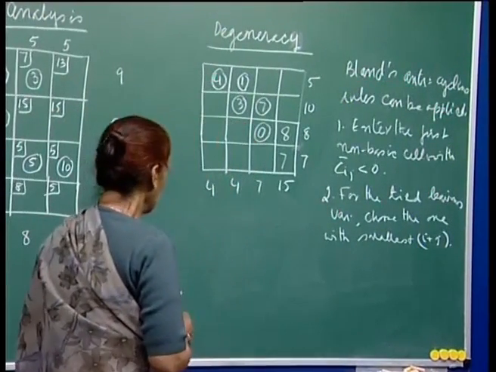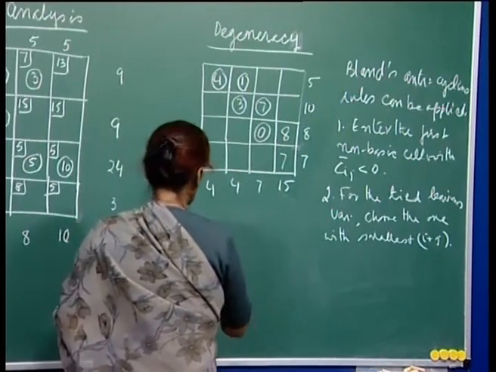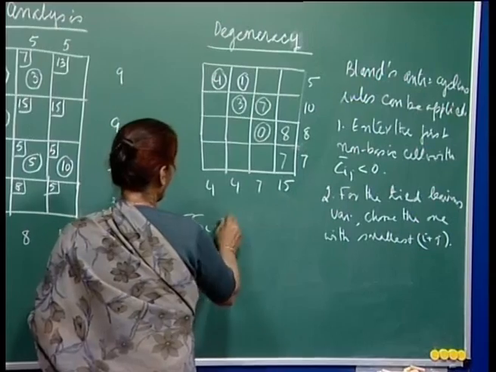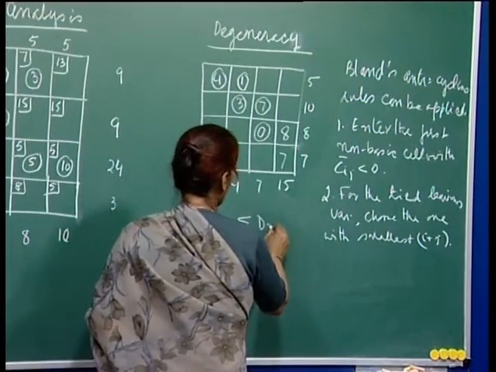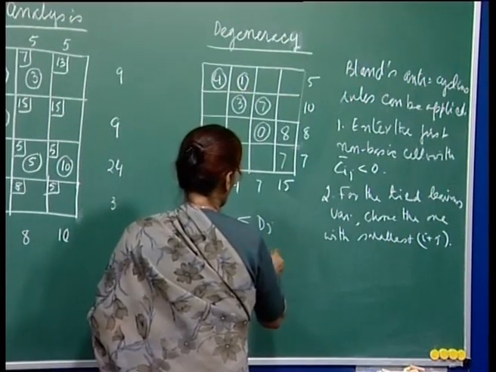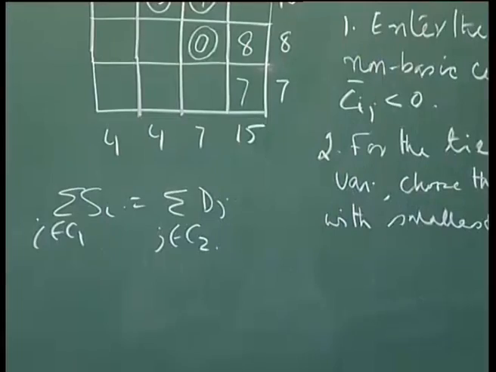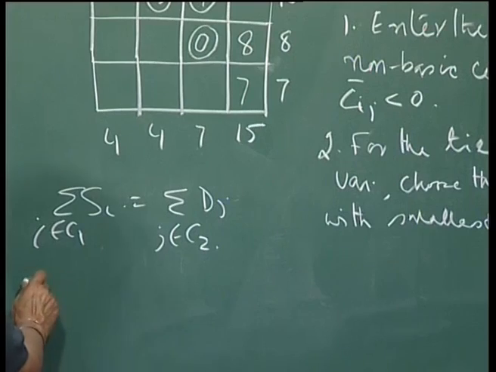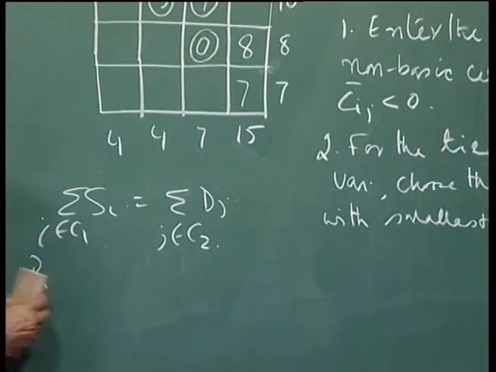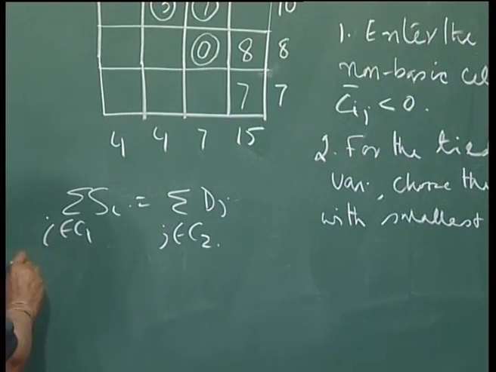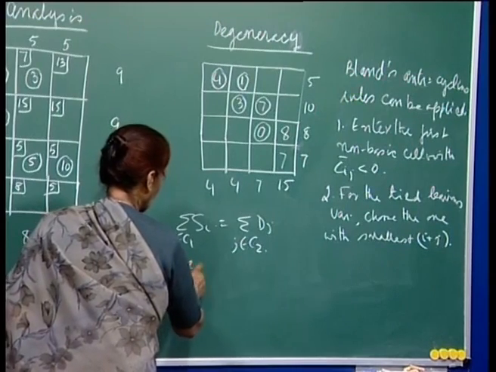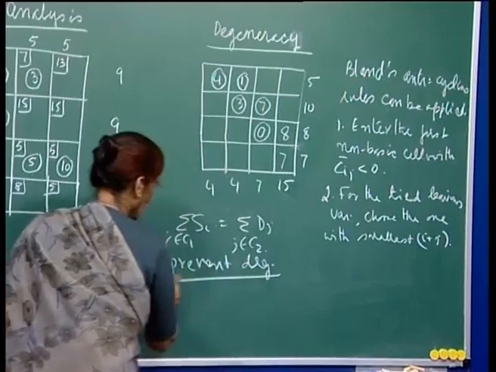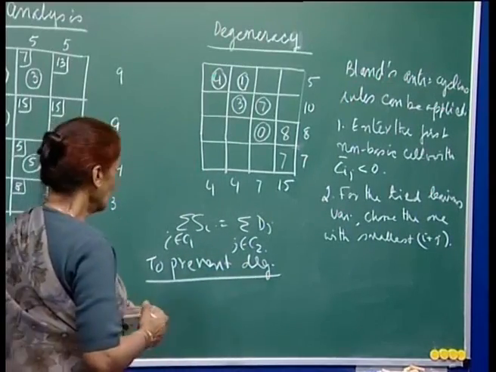Since the necessary condition tells you that the sum of Si for I belonging to C1 equals the sum of dj for j belonging to C2, what was proposed was that you replace the Si to prevent degeneracy, and this is where you would ask the question, why is this enough?